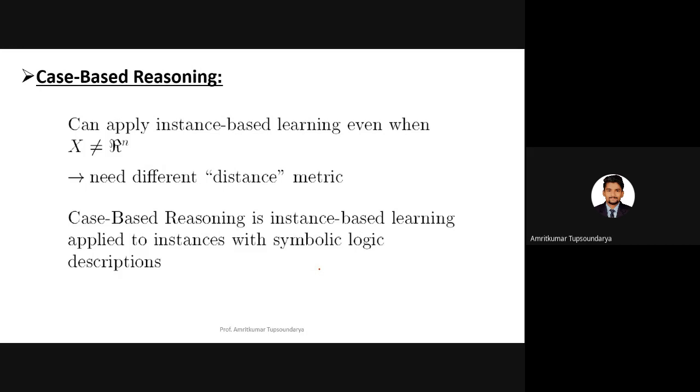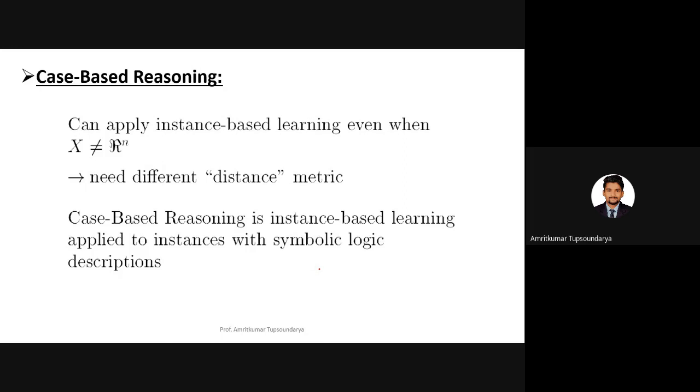What is the requirement here? What will be needed here? The important thing is that we need a different distance metric, right? We have learned about different distance metrics in the previous lecture as well, so hopefully you remember those aspects.